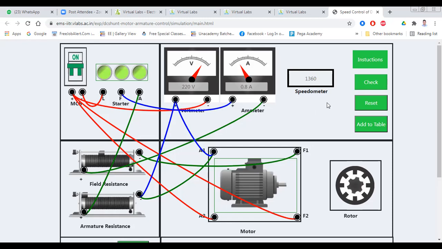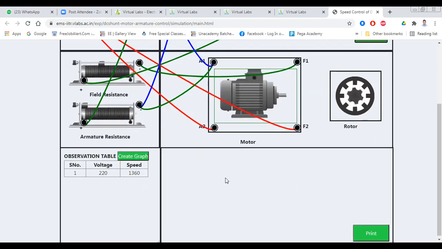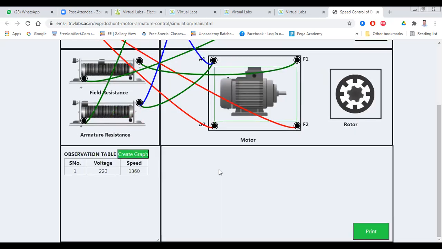Here another button is there, add to table. If you click add to table, then in the right hand corner you can see the observation table. The observation table is filled automatically with the data. In the observation table, serial number, voltage and speed are there. So 220 volts, because the supply voltage is near about 220.